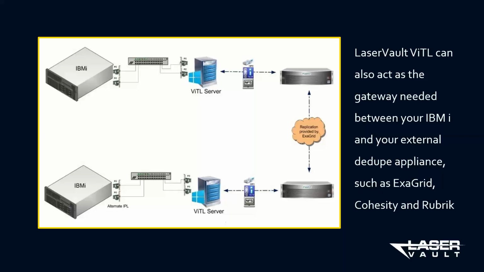So this gives you the flexibility. Maybe you don't need additional storage for your IBM backups when you can utilize SAN or NAS storage that may be existing and leverage that storage for your IBM backups.